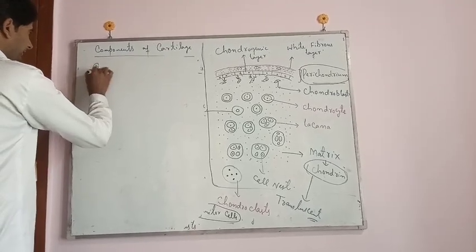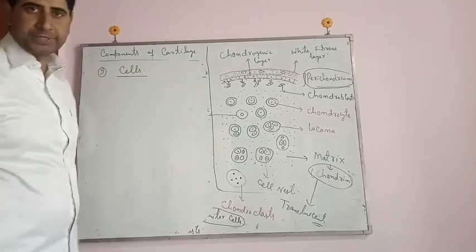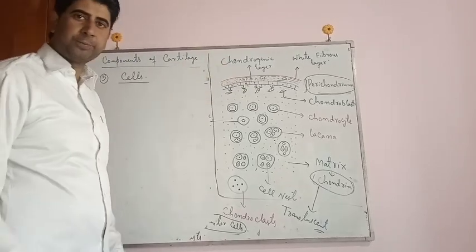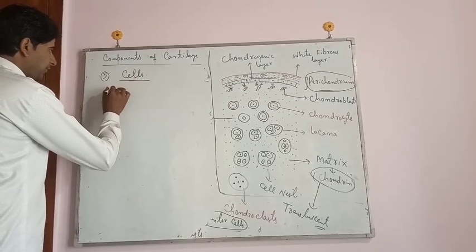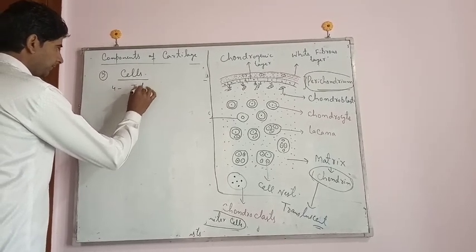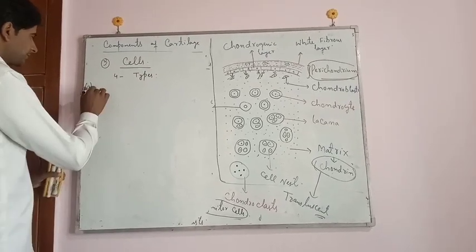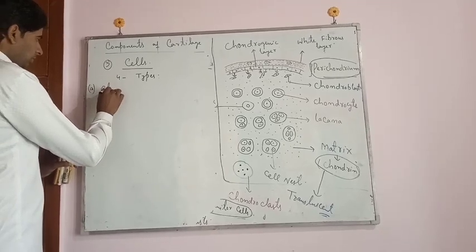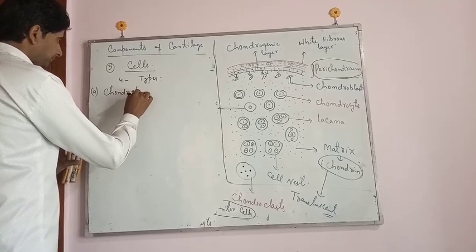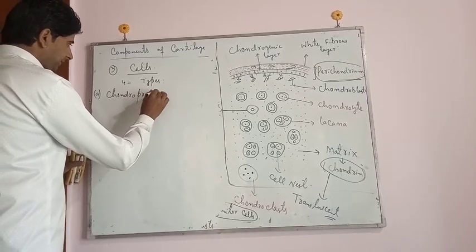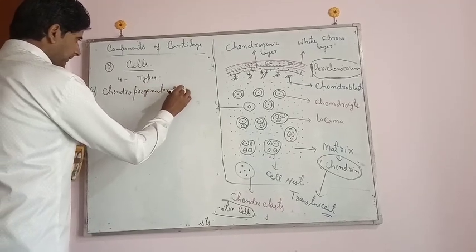Now the third component. तो cells यहां पे living component है, matrix is non living component. तो यहां पे जो cells है, these are of four types. Number first one is chondroprogenitor cells.